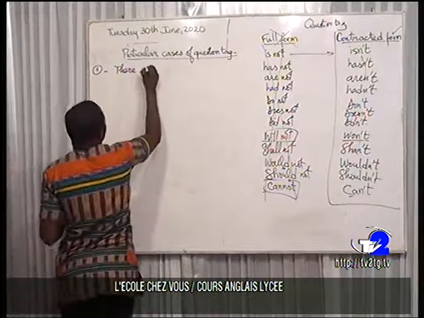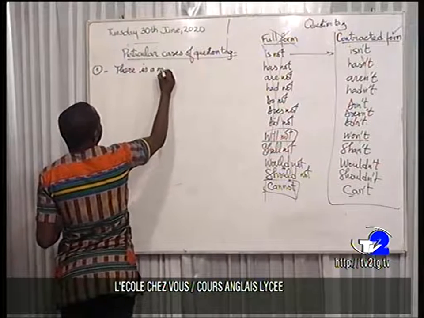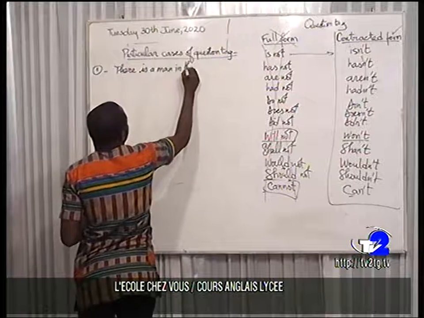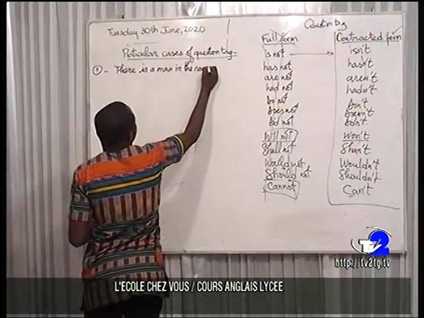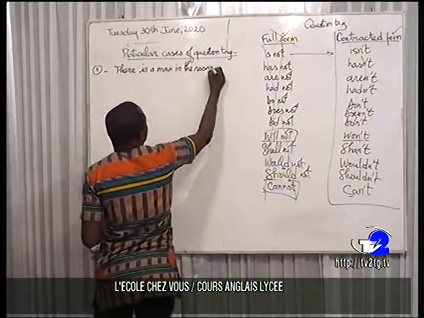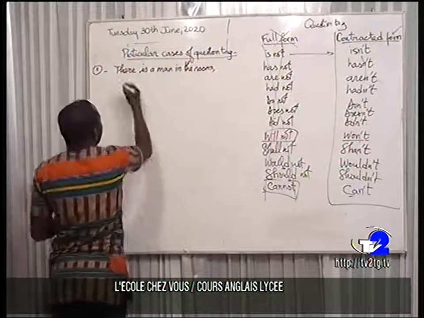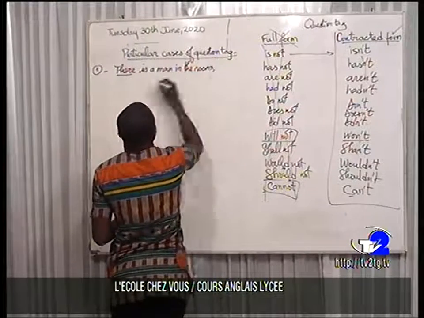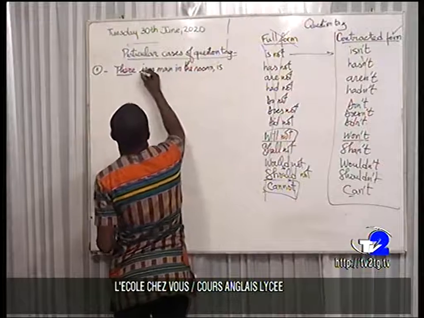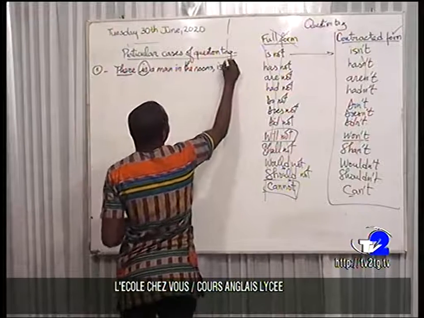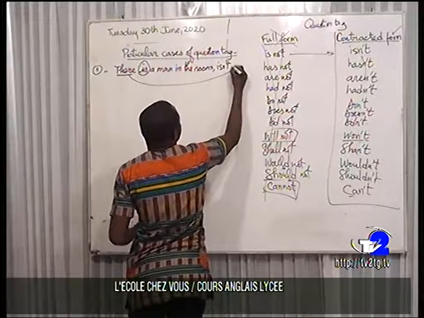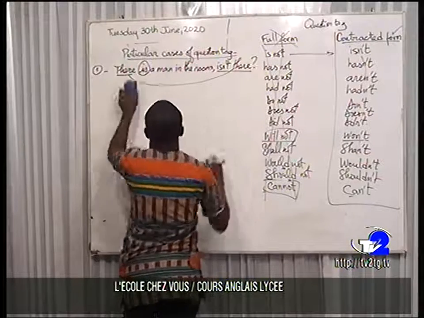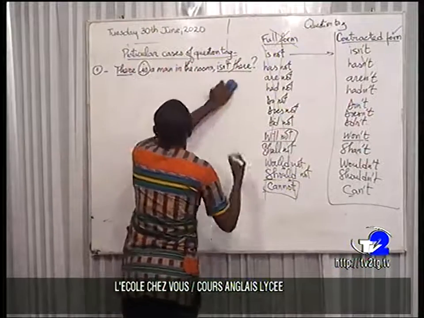For instance, when I say there is a man in the room, there is used as a subject here. So you repeat it in the tag. So we must say is, the verb, in negative form, isn't, and we add there. So we say isn't there. That is the way we form the question tag.